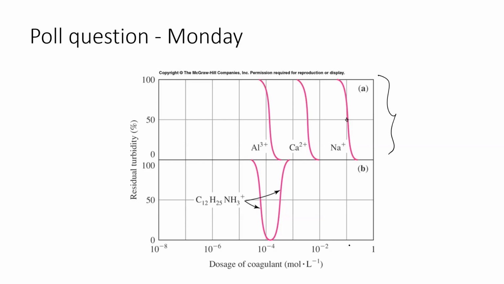So that's an important finding. It's important to understand that, and this is why we typically use alum, aluminum 3+, or ferric, Fe3+, as our coagulants. We can decrease the dosage significantly.